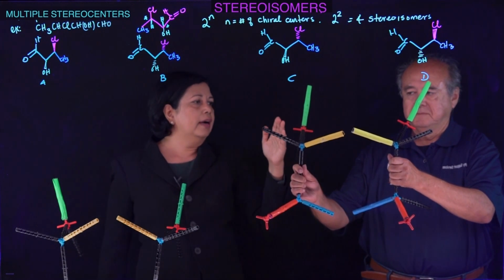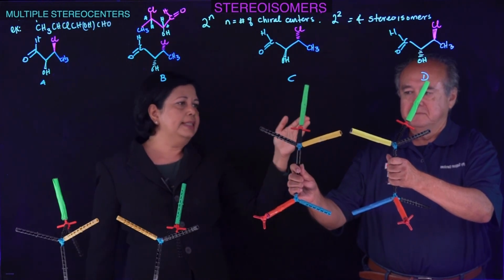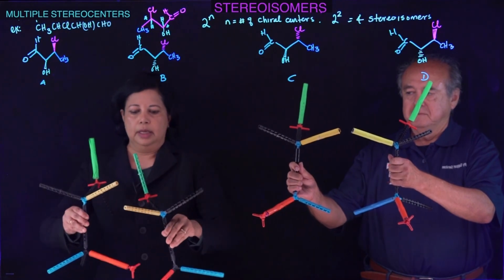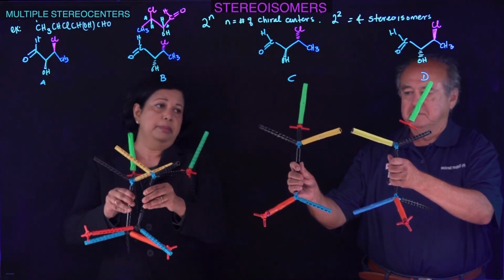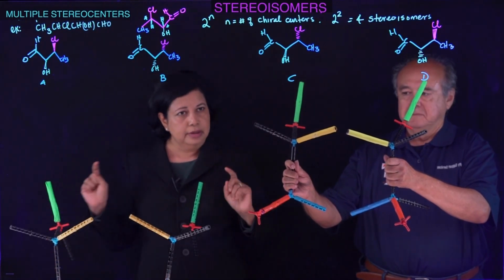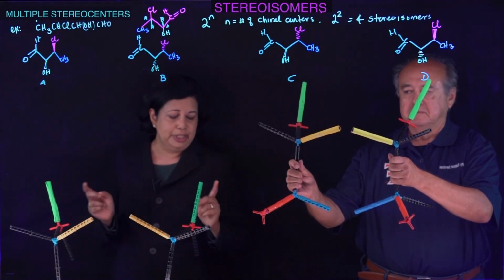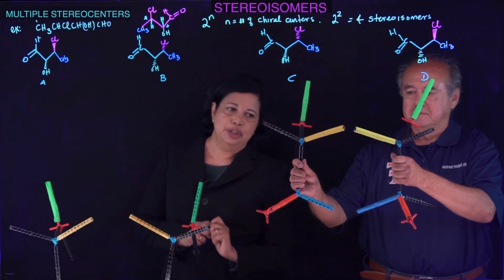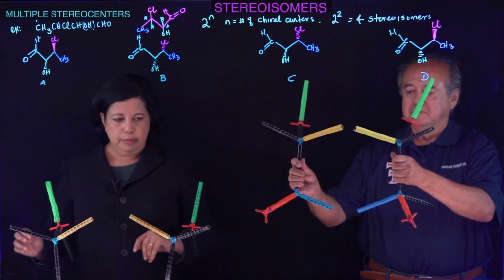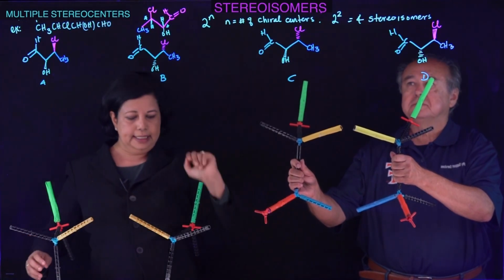Okay, so they are mirror images, and you can see they are non-superimposable mirror images. If you put them one on top of the other like this, they won't superimpose because of the different spatial orientations. Therefore, non-superimposable mirror images are enantiomers. That's great. So we established A and B are enantiomers, C and D are enantiomers.